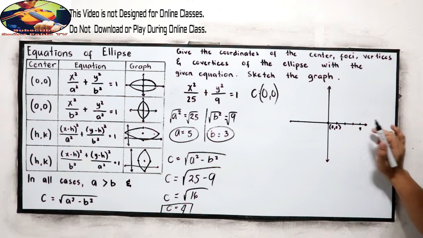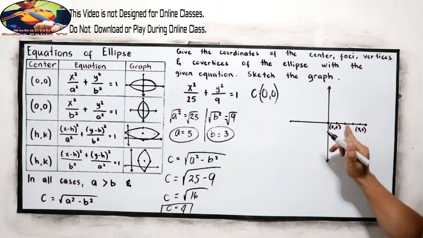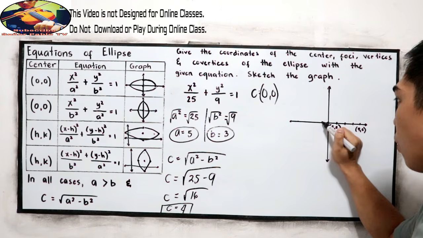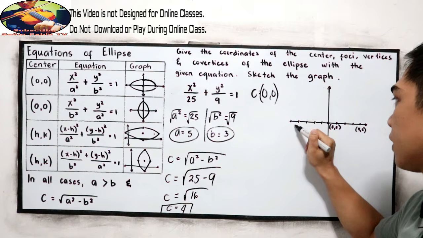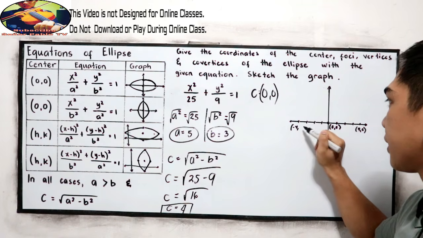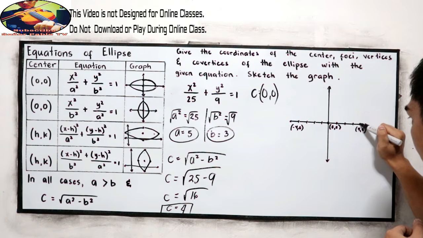So our coordinates are 4, 0. And on the right side, 1, 2, 3, 4, we have -4, 0. Okay, this will be our foci.